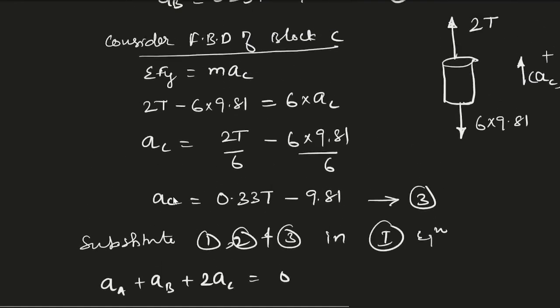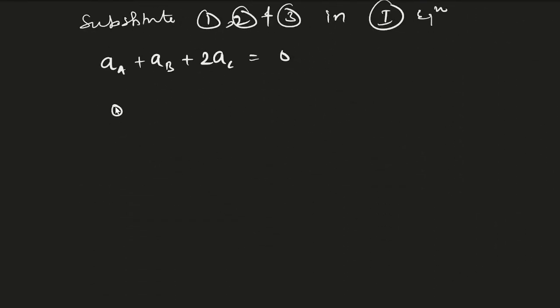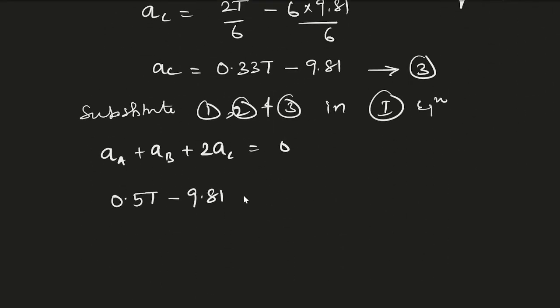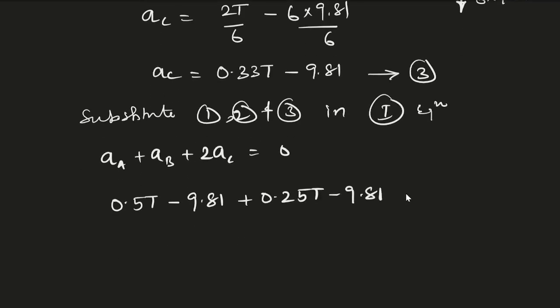Here a_A is 0.5T minus 9.81, a_B is 0.25T minus 9.81, and a_C is plus 2 times (0.33T minus 9.81). This will be equal to 0.